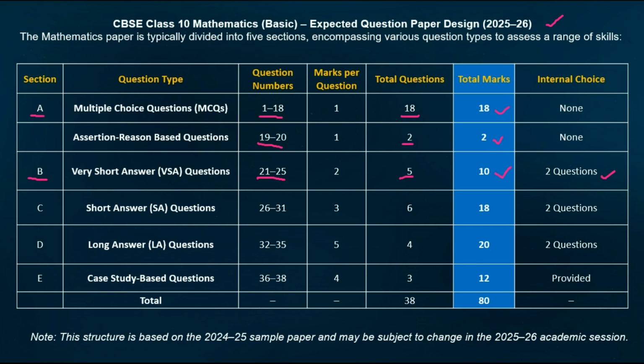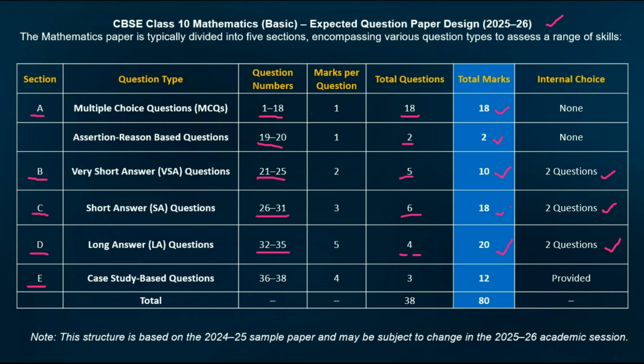Section C, short answer questions, question numbers 26 to 31, 3 marks per question, total 6 questions, total marks 18, internal choice 2 questions. And section D, long answer questions, question numbers 32 to 35, 5 marks per question, total 4 questions, total marks 20, internal choice 2 questions.